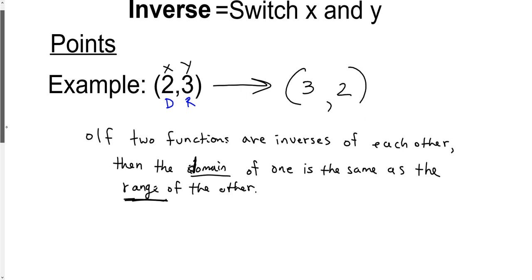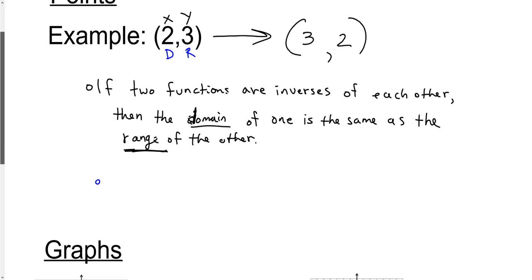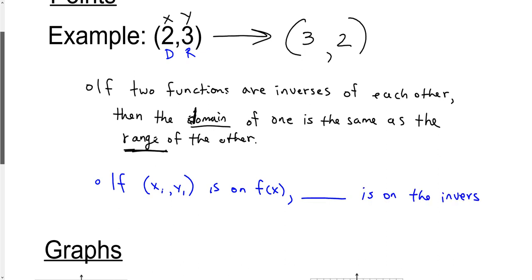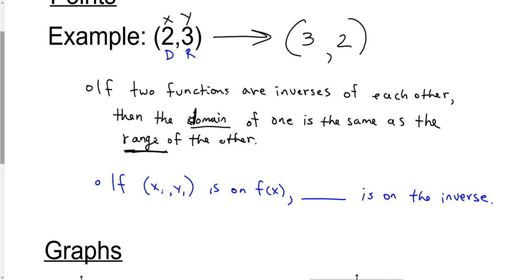Along the same lines as points, there's a second question on the test that says if (x1, y1) is on f of x, it's going to say blank is on the inverse. So they're just giving you a general term.